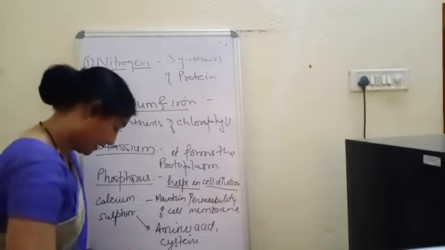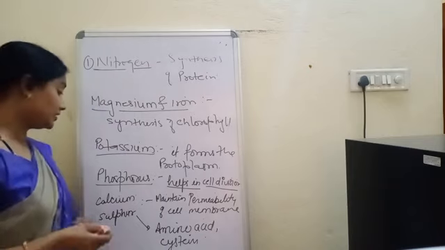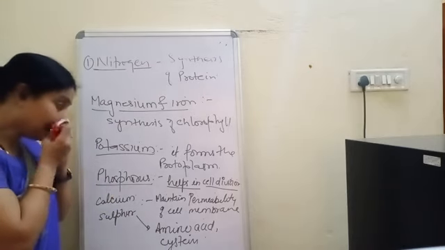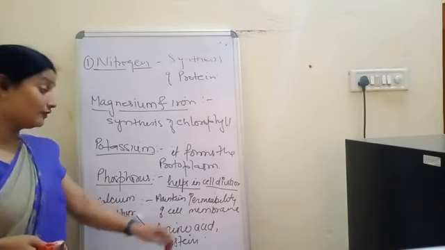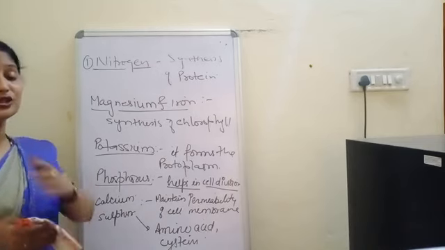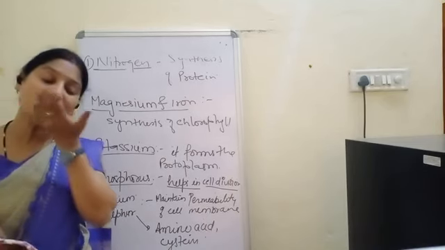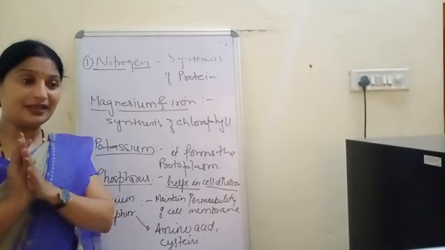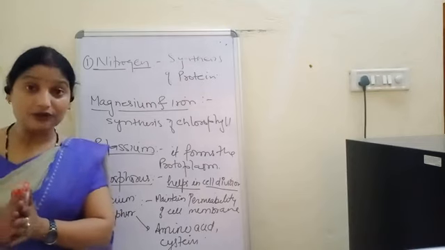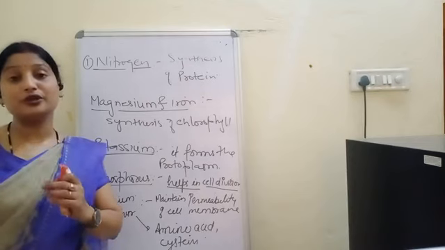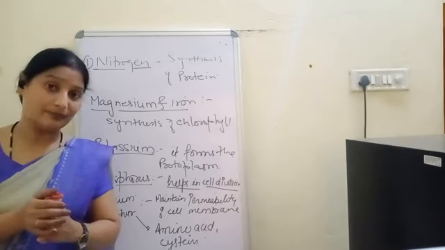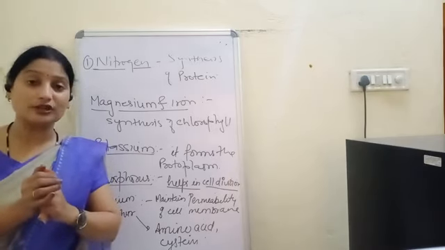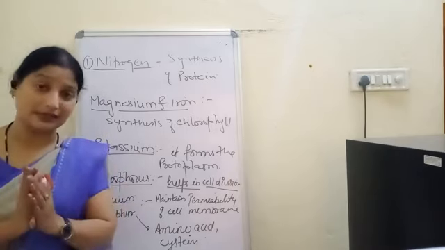Now see what I mean to say about the calcium. It helps to maintain the permeability of the cell membrane, the semi-permeability of the cell membrane. The meaning of semi-permeable is that our cell allows some important nutrients to come inside and it keeps the toxic substances away from the cell.